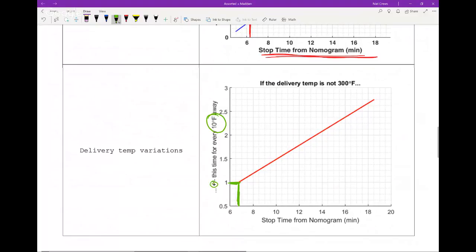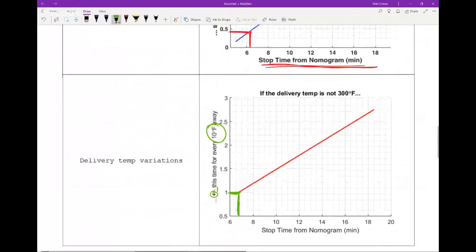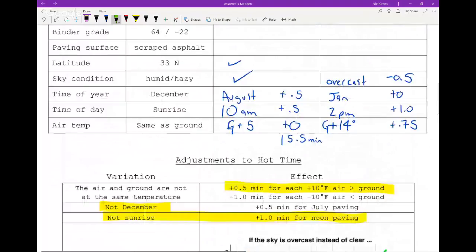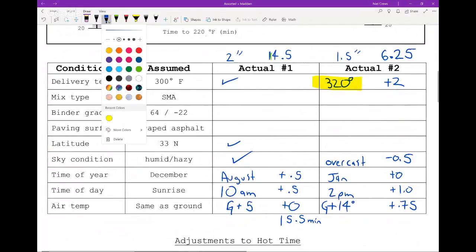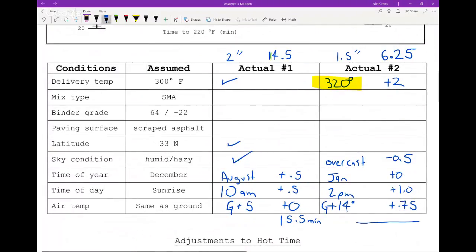If it were less than 300 degrees, then we would need to subtract that time from our cooling time. Now this is 20 degrees over, so we're actually going to add 2. Adding together all of these modifications, we'll see that we will have about 9.5 minutes before this asphalt mix gets too cool for us to work.